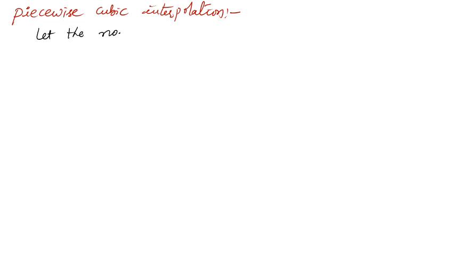Now let us see piecewise cubic interpolation. Here, what is the change from quadratic to cubic? Let the number of distinct nodal points be 3n plus 1.